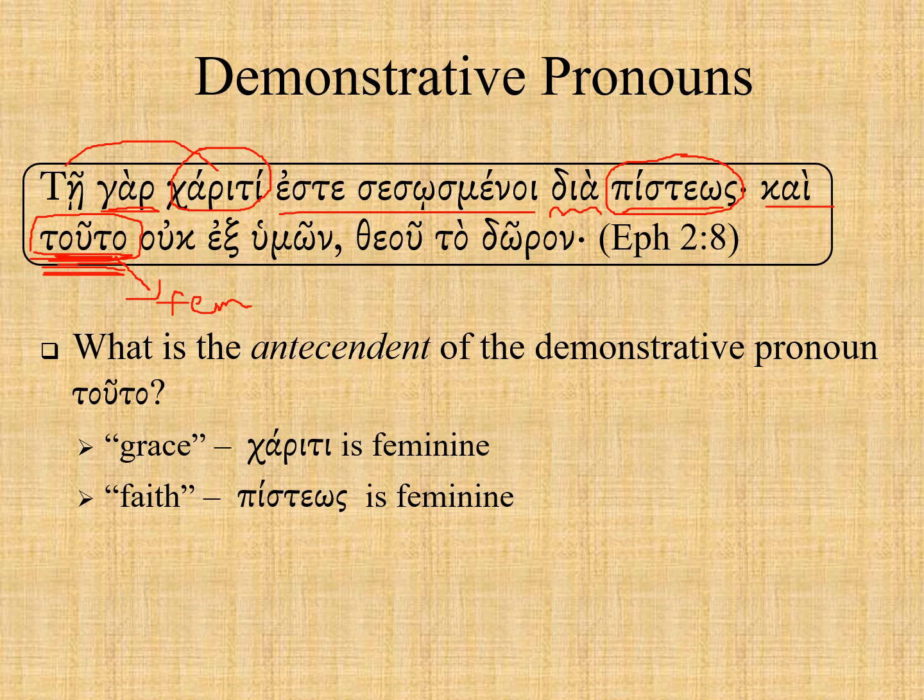So what it is referring to is in neuter form. So what is this that Paul is talking about that is not from yourself? Is it that you don't have grace in yourself, or you don't have faith in yourself? Which one is it? Well, it is the whole phrase that it's referring to. The grace by faith salvation is in view here.